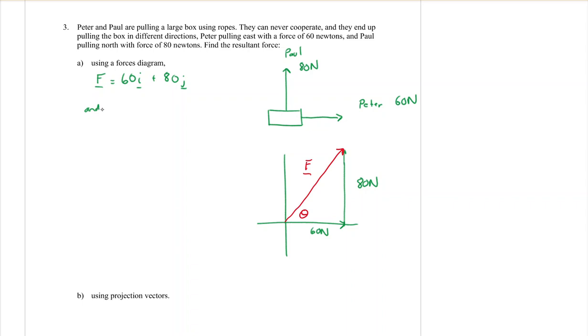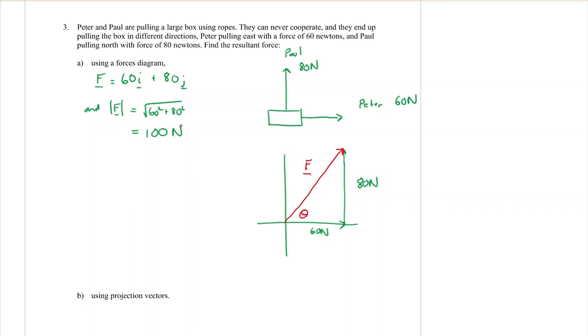The length of that force is going to be the square root of 60 squared plus 80 squared, which is another perfect Pythagoras. 3, 4, 5, so it's 100 newtons. Okay, so it's 100 newton resultant force.